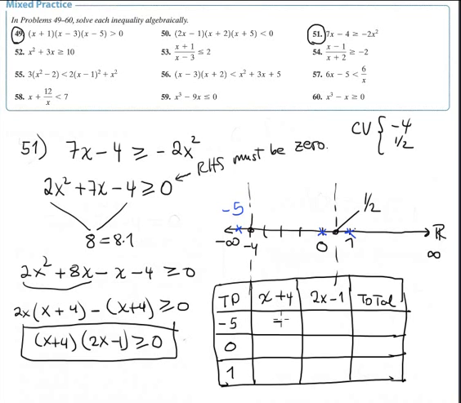Negative 5 here is minus, negative 5 here is minus, and multiplication is plus. 0 is plus, 0 is minus, the sign is minus, total sign. 1 is plus, 1 here is plus, the sign is plus.